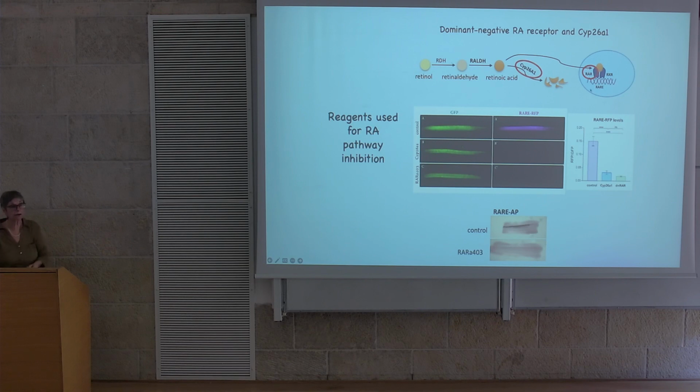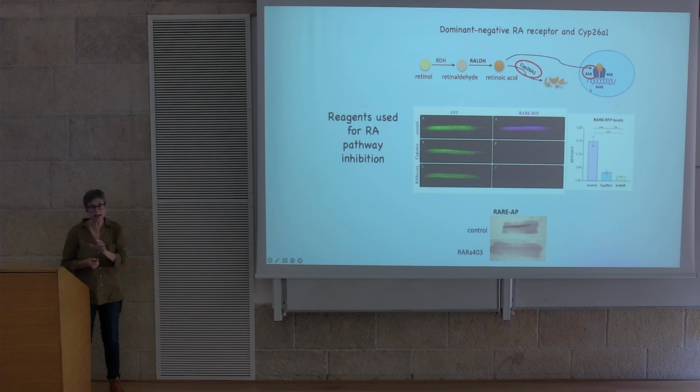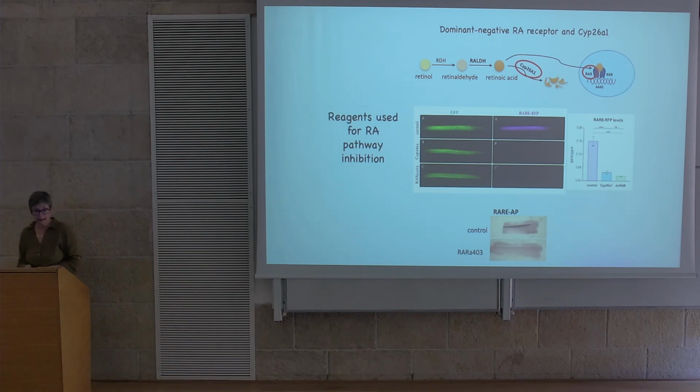Alternatively, we misexpressed a DNA encoding a dominant negative construct of receptors of retinoic acid, which are quite a story. And under these conditions, we can, in a cell-autonomous manner, inhibit retinoic acid activity. You see the controls here. This is GFP.